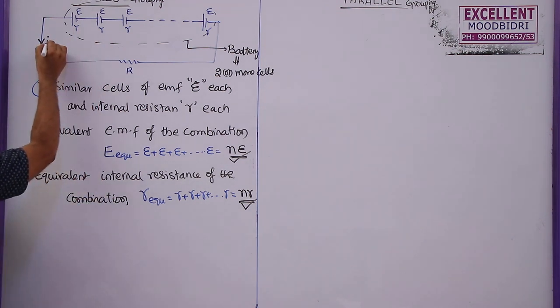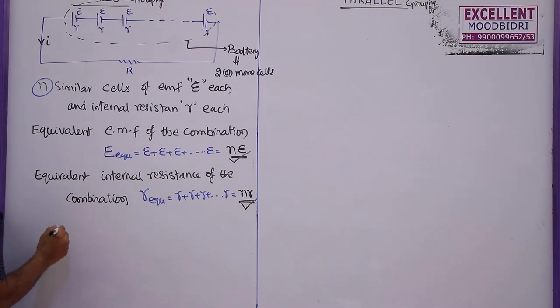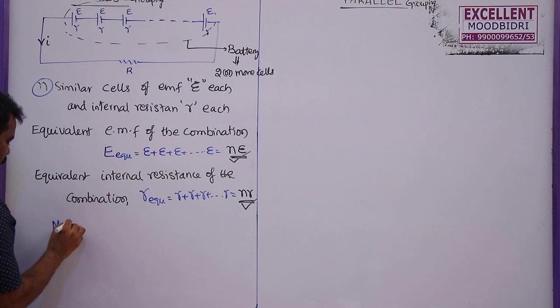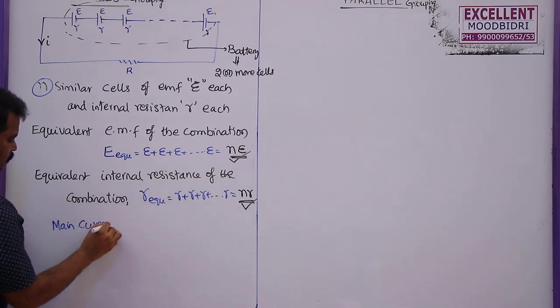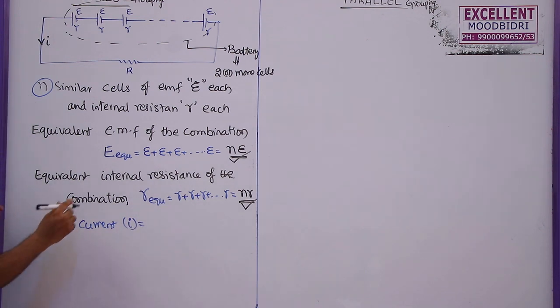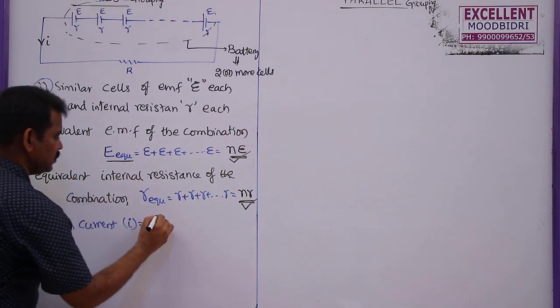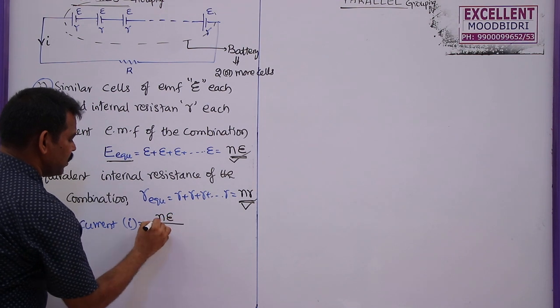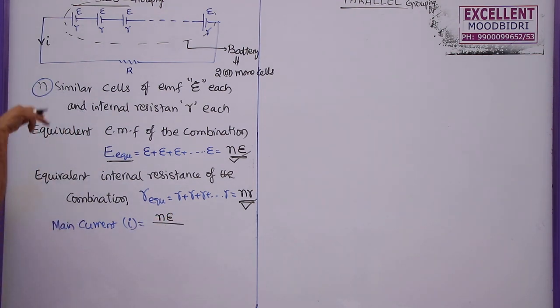Now from the battery, how much current is coming? I. This current we call the main current. So the main current is given by I equal to the net equivalent EMF, that is nE, divided by the net resistance of this circuit.